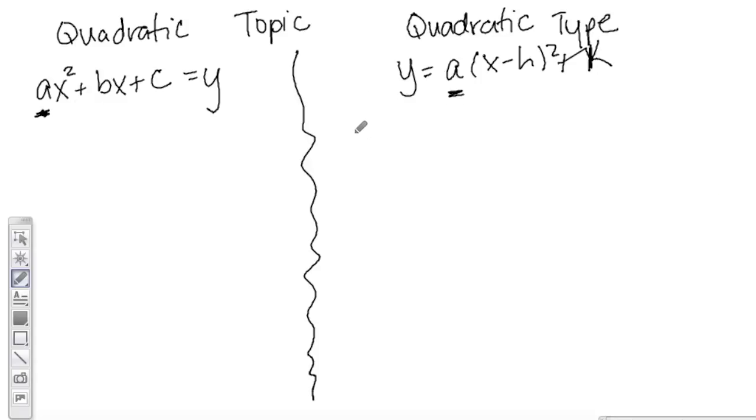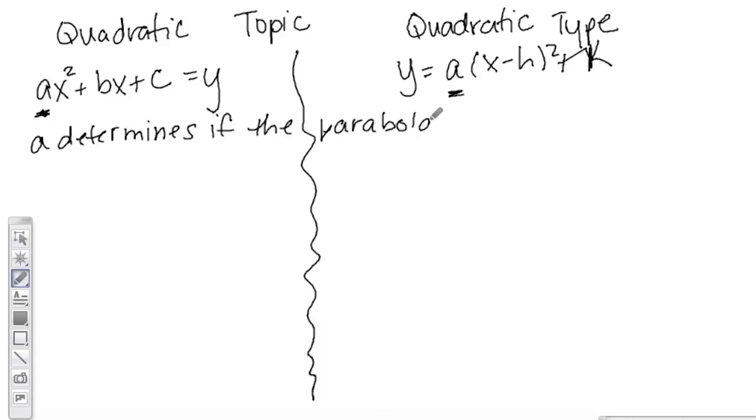A determines, and I should start writing over here because this will apply across the board, A determines if the parabola opens up or down. This is true for both forms.